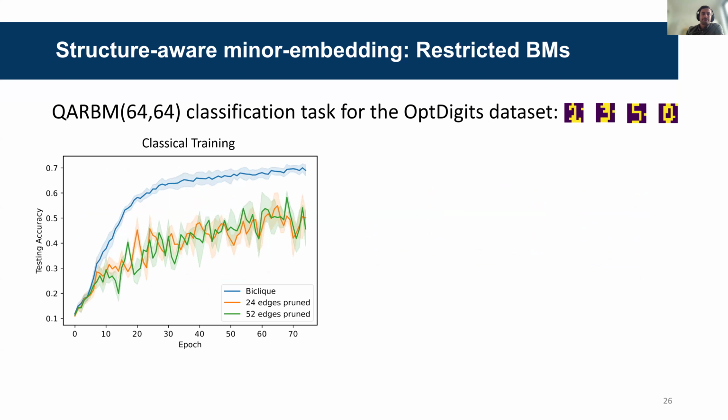And so as a baseline, we wanted to experiment with the results of having these different adaption methods. So we took some of those models and trained them classically on a 64 by 64 quantum-assisted restricted Boltzmann machine. Trained them classically on a classification task, this time with the dataset of the optdigits, for 75 epochs.